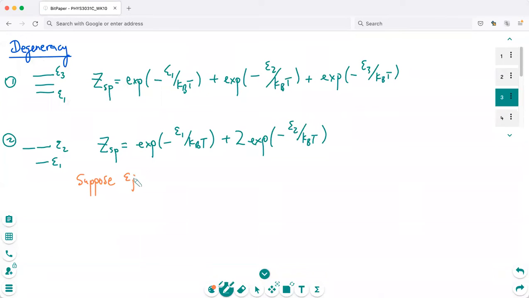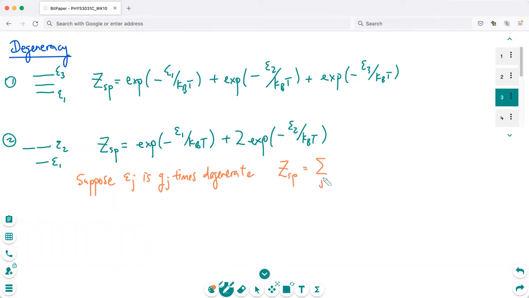Okay, so that is actually rather intuitive. Suppose this level is G times degenerate. And what is your partition function? The partition function is simply revised like this.